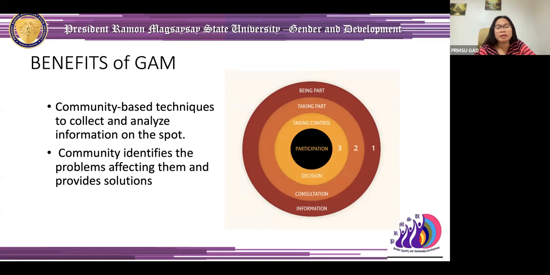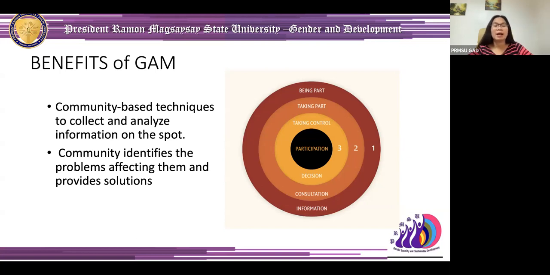So you can see, taking control or making decision do sa program nila, nandun siya sa yellow na circle. Taking part and conducting consultation, nandun naman po siya sa orange. And then giving them information and being part of the community, nandun siya sa red, so medyo mas malayo. But if you will do participatory approaches, that means nata-target nyo talaga yung gusto ng community or yung need ng community.